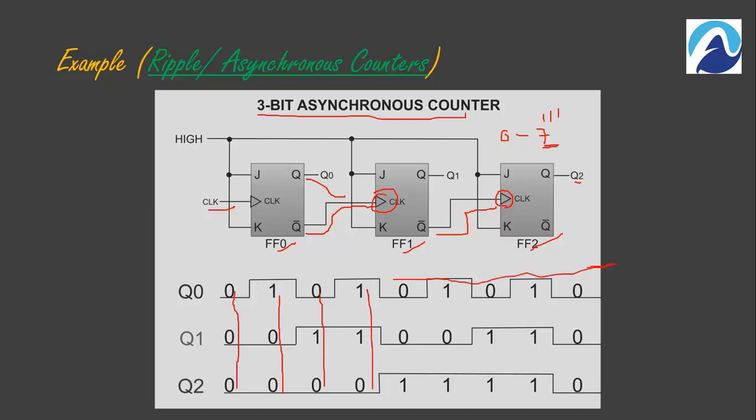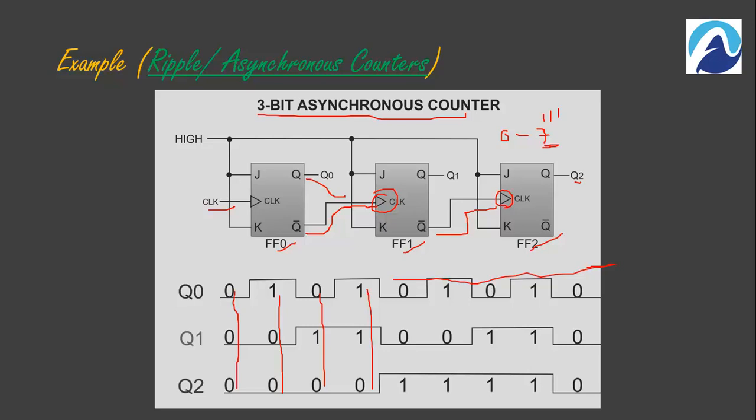So this is 0 1 2 3 4 5 6 and so on. This is the example of a 3-bit asynchronous counter. What you need to focus on here is the arrangement of the clock and the input connection for the asynchronous counter.